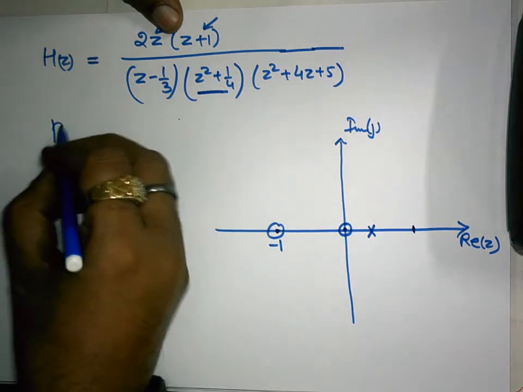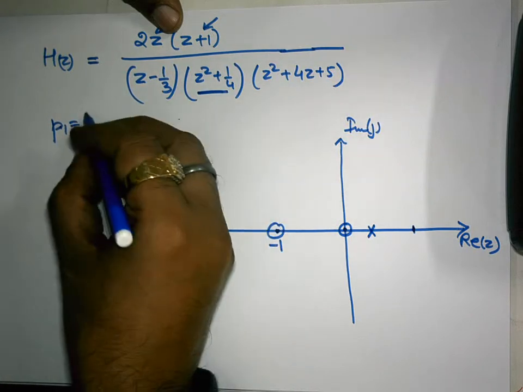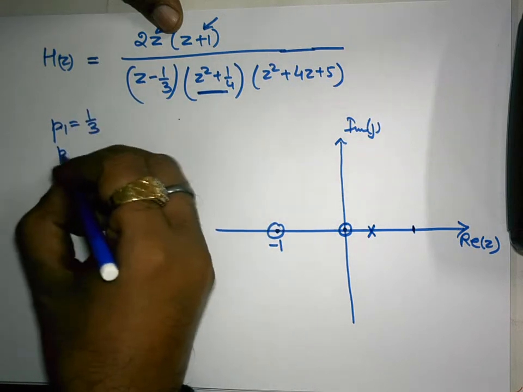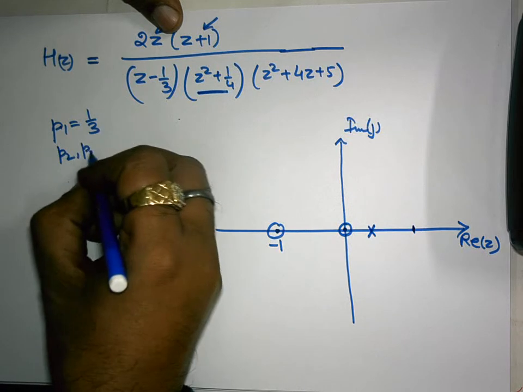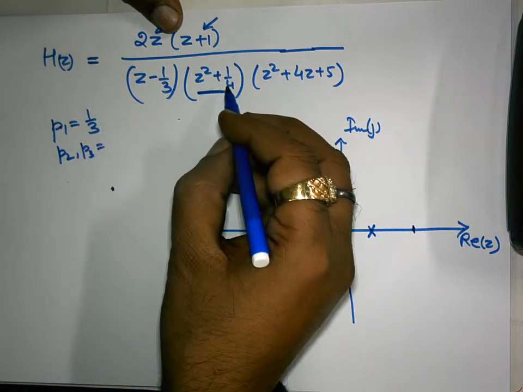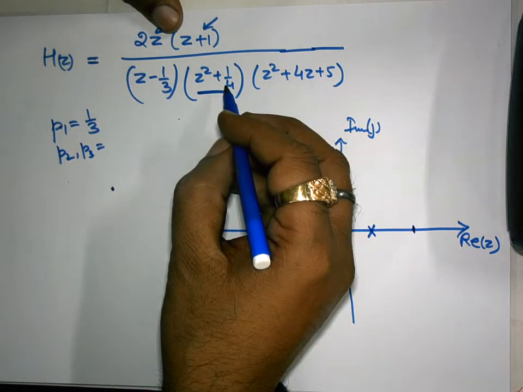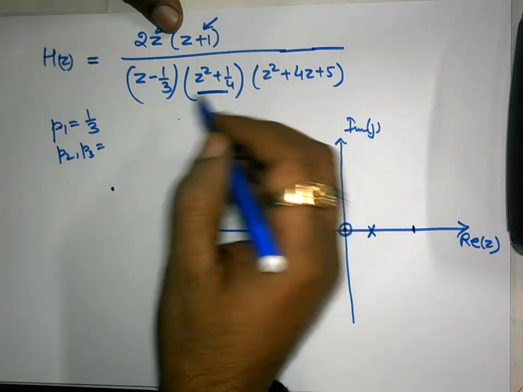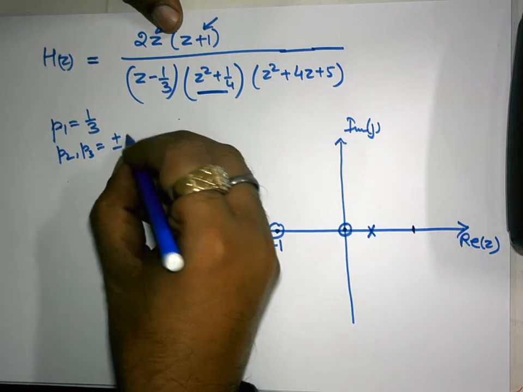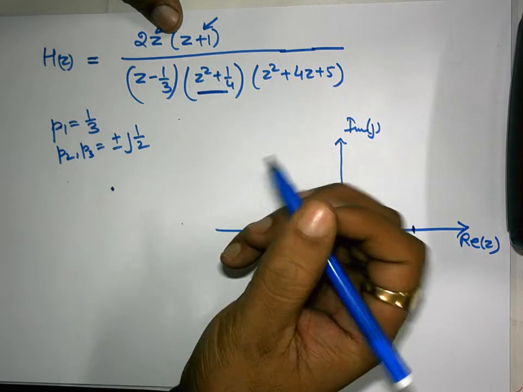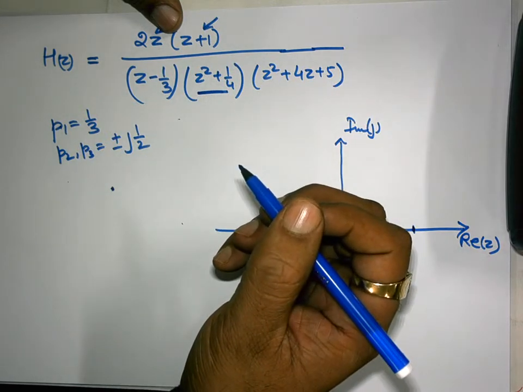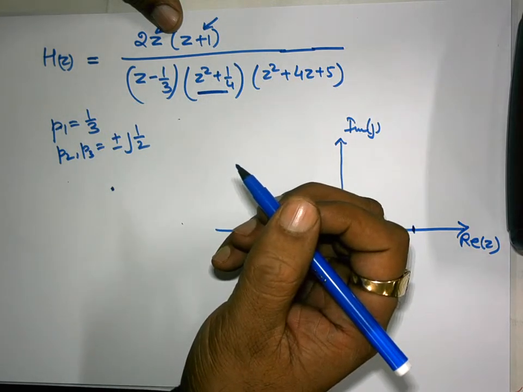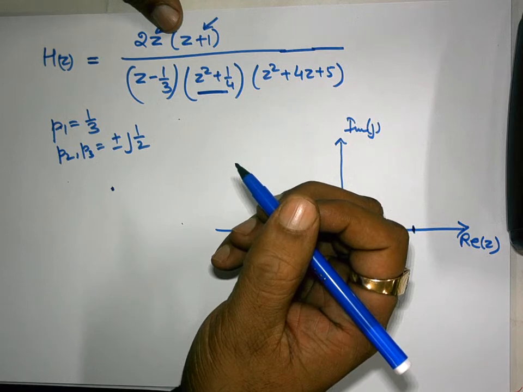Suppose this was pole P1 at 1 by 3; P2 and P3 come from the term z square plus 1 by 4, and the roots are plus minus j half. One root will be plus half j, and the other root will be minus half j.